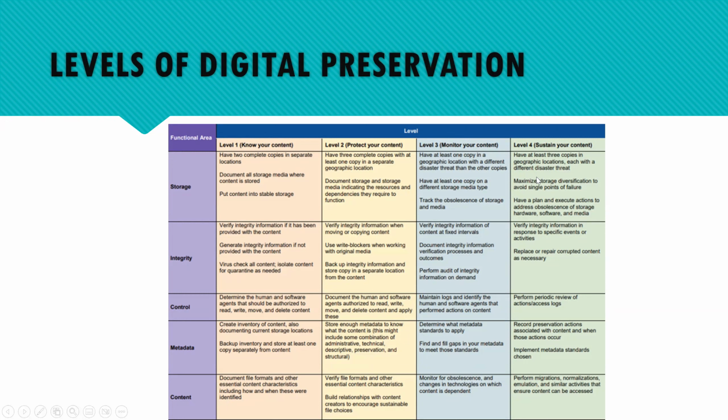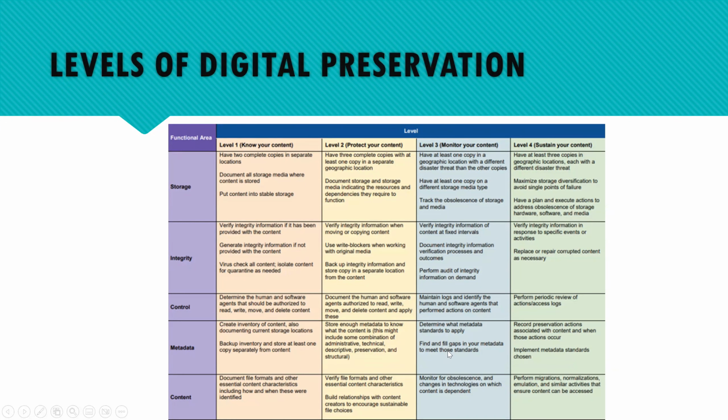But you can see some of the areas of concern that this document describes. So you need to address storage. Ideally, you have at least 3 copies in geographic areas, each with a different disaster threat, right? So you need to have server space in like 3 different parts of the country. That can take resources, right?